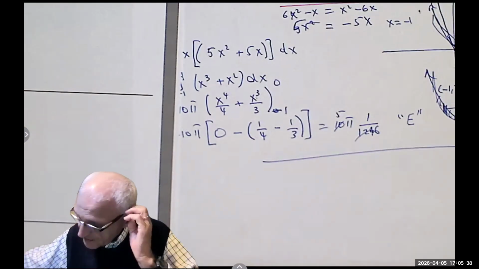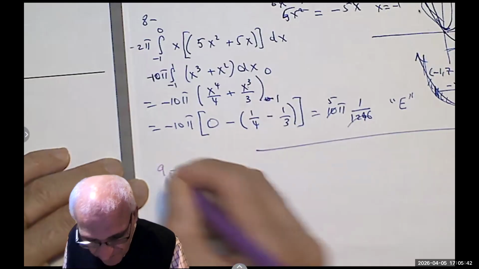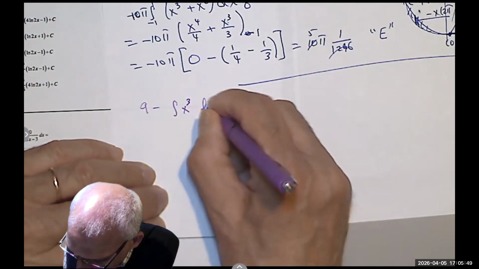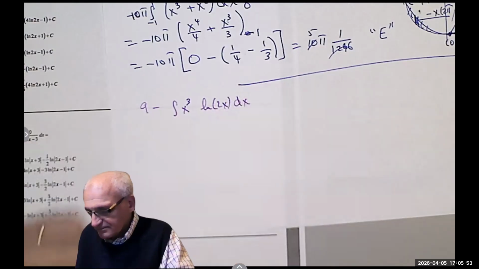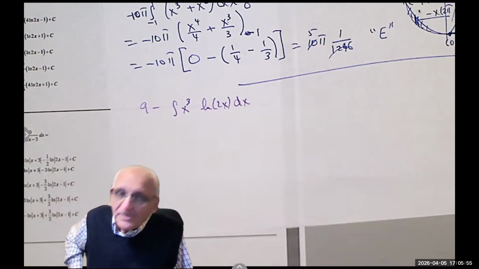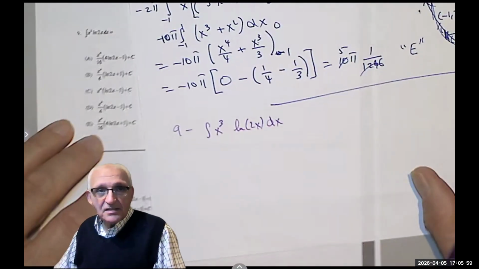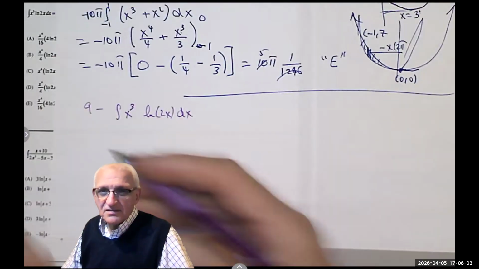If we move to the next one, number 9. Number 9, they want you to integrate x cubed natural log of 2x dx. Basically, when you have something like that, you can use the tabular form instead of doing it the long way.